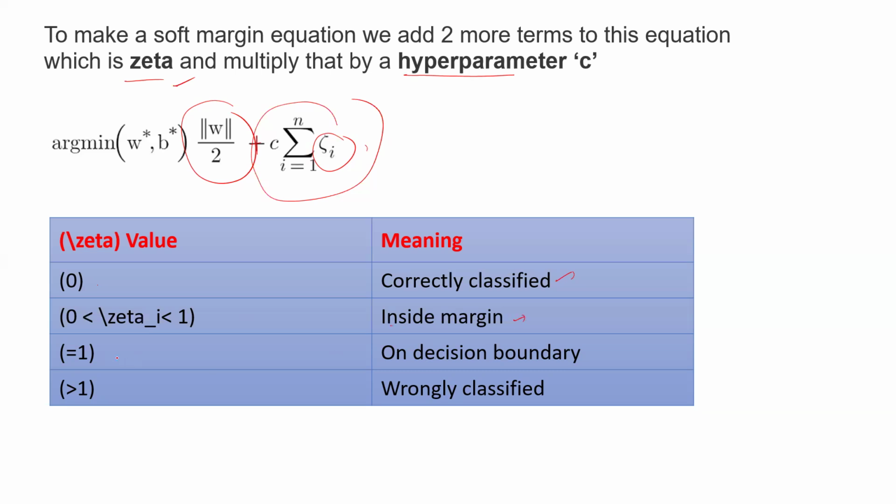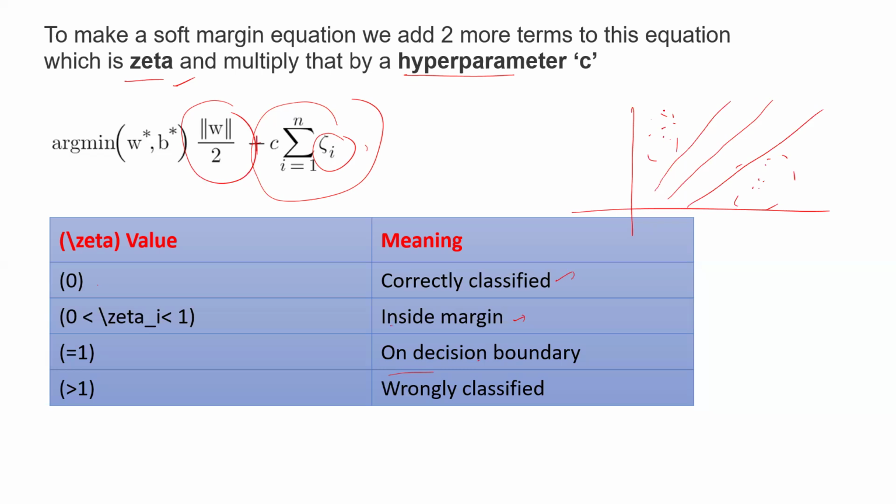If the zeta value equals 1, the data point is on the decision boundary. And if it is greater than 1, it was wrongly classified. We already have the two margin lines and the hyperplane, and this is the positive class and negative class.